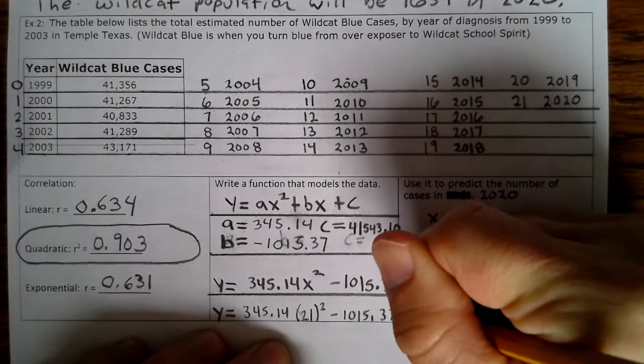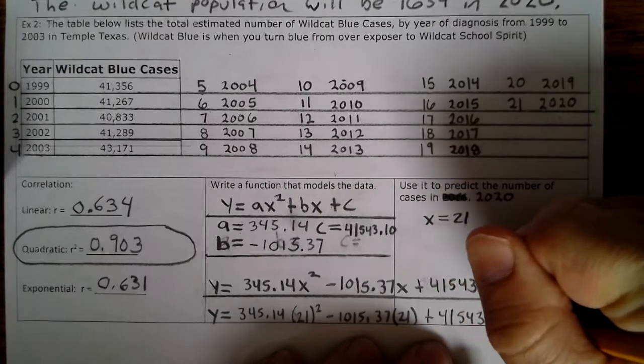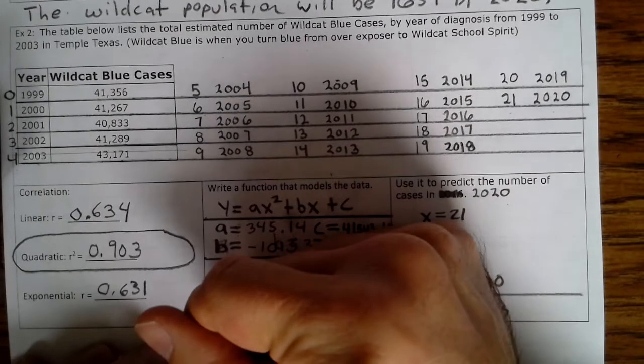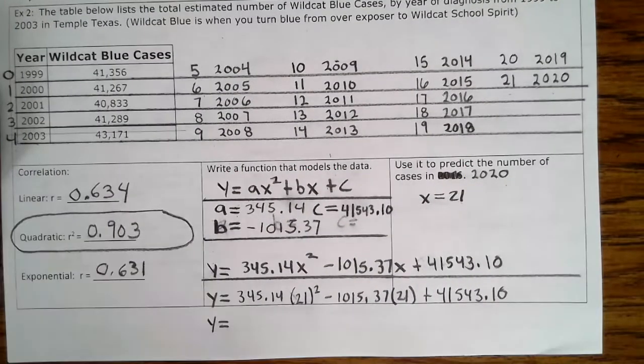So when you plug that into your calculator, you get 172,427.